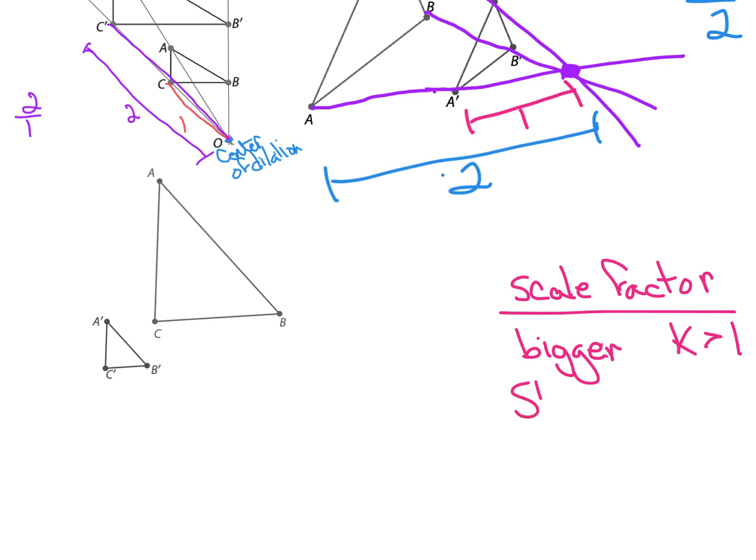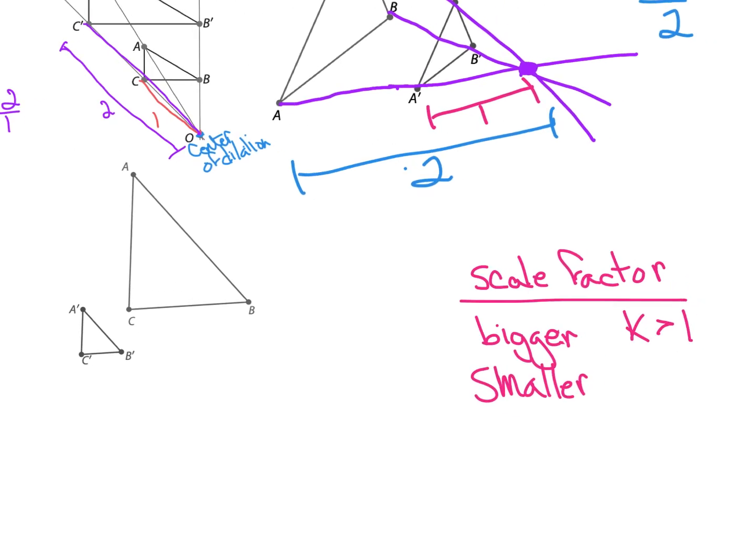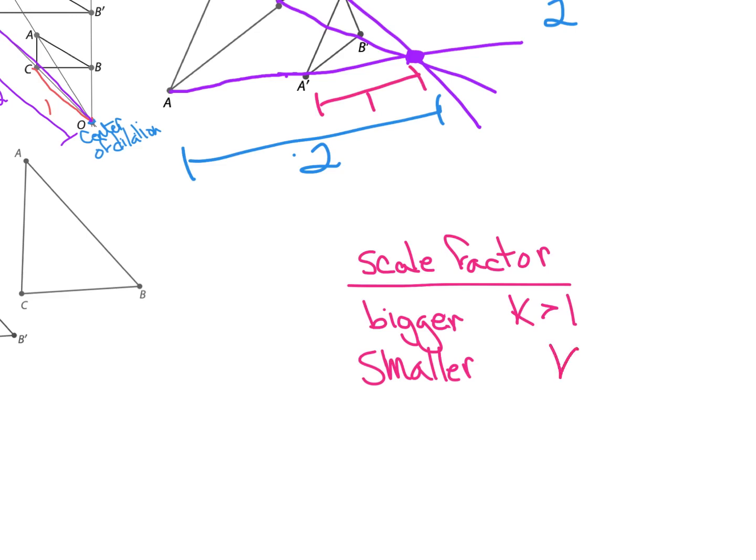Now if the image is getting smaller, K is going to be a fraction. You know, you're getting smaller, you're dividing. So K is between 0 and 1, a fraction. Okay?